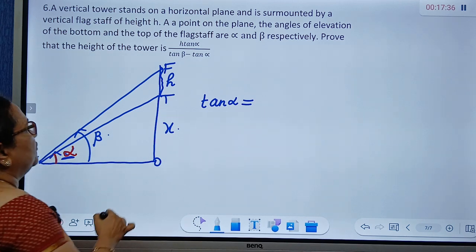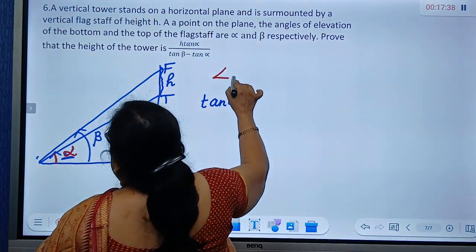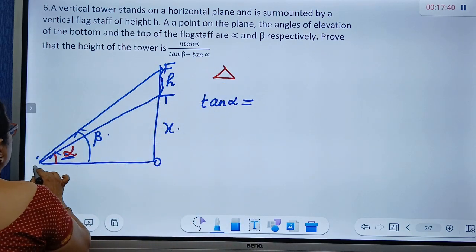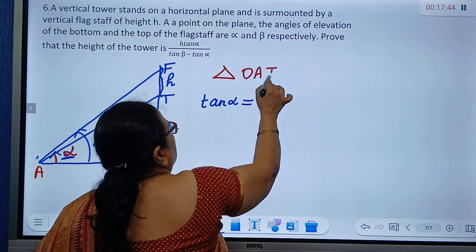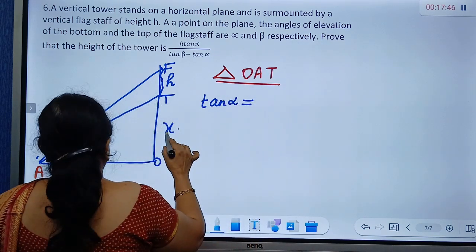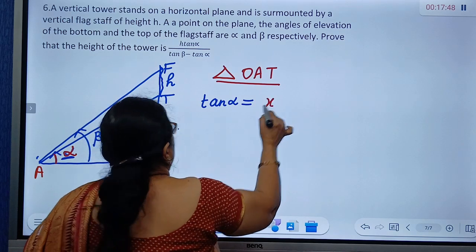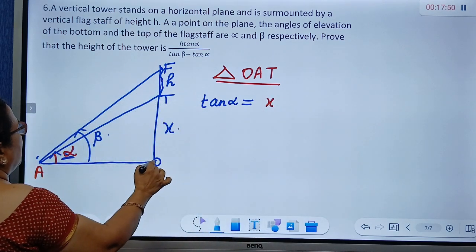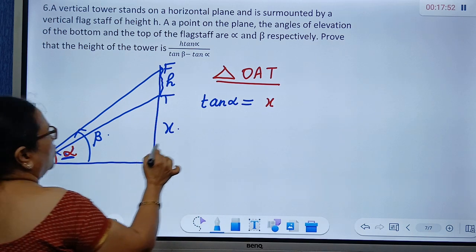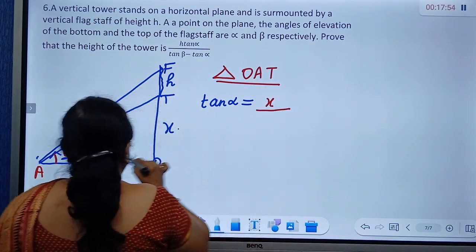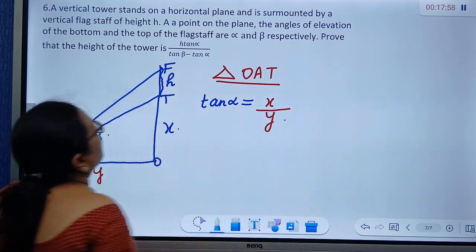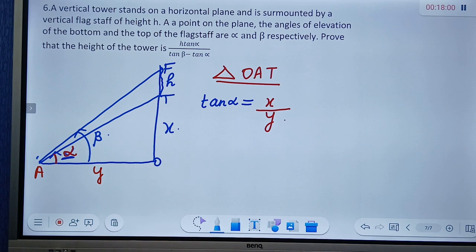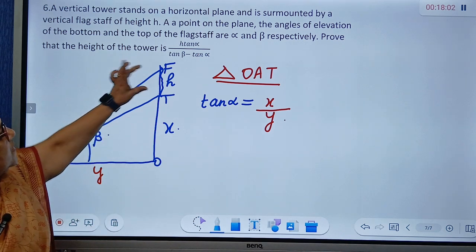Now tan alpha, if you look at triangle, let me call this point as A, OAT. Tan alpha will be X, this is the opposite side, divided by OA. Let me call it as Y. We only know this height is H.